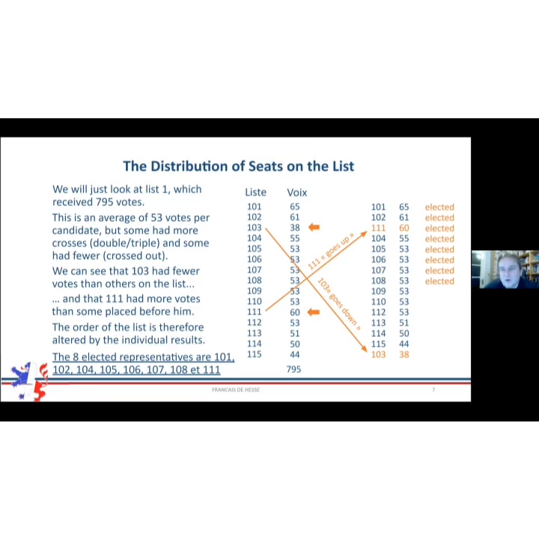This means that the sort order in the list will be rearranged according to the count of crosses, and 111 goes up, so that at the end, when they select the 8 elected representatives, it is not up to the list who gets selected. This is up to the crosses, and those 8 persons will be elected because they have, first, the biggest number of crosses, and second, they were in the top positions at the beginning. So as you can see here, we have 4 candidates with exactly the same number of crosses. Then they respect the initial order of the list.